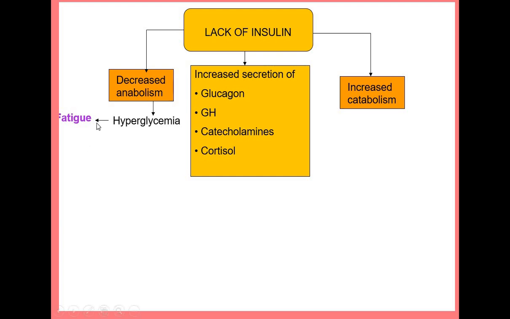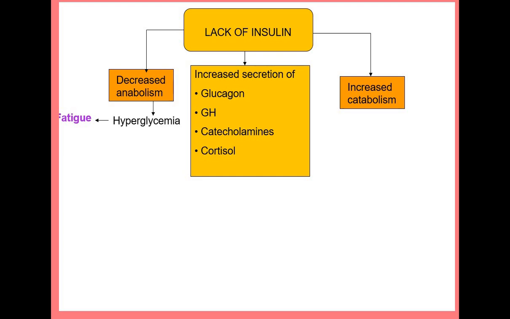So the answer is the cell has glucose in the tissue fluids, but the utilization of glucose is not properly regulated. Cells like those of skeletal muscle and liver are totally dependent on insulin action, because the expression and translocation of GLUT4, the carrier protein molecules which allow the entry of glucose, depend on it.